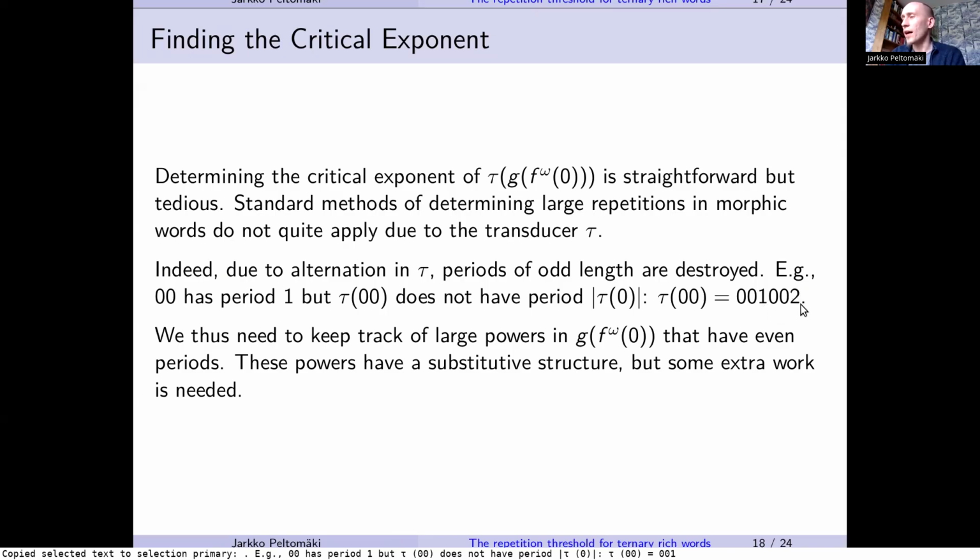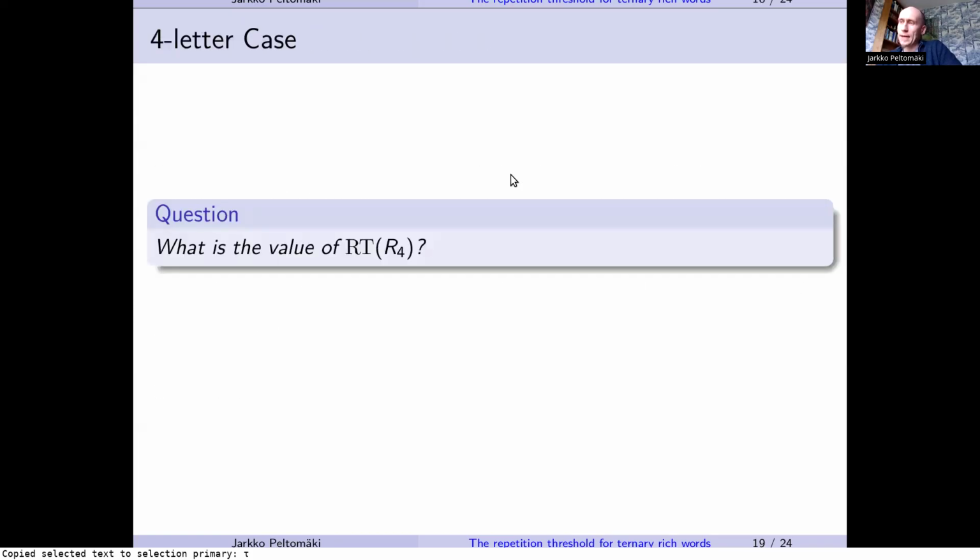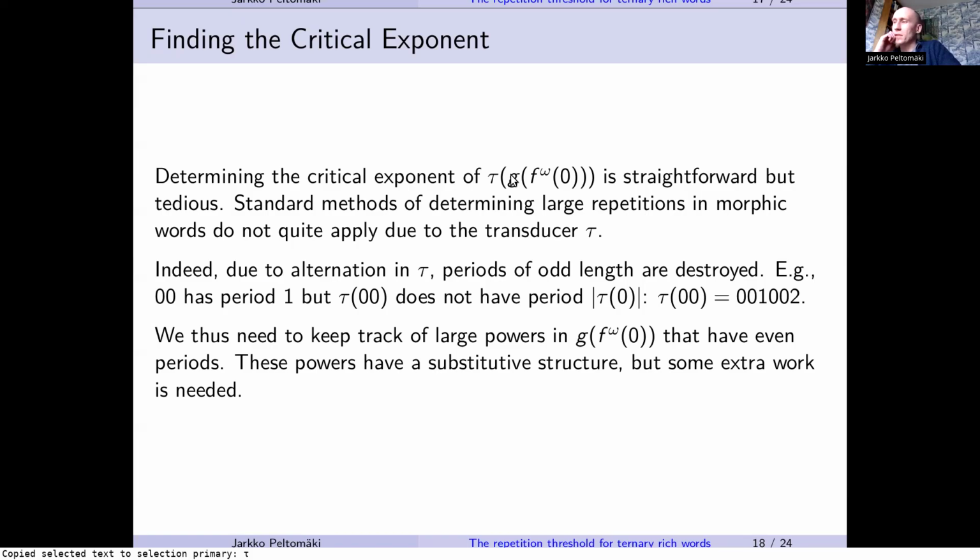So not all exponents are preserved when you map with tau. There are some extra steps you need to do when you determine the critical exponent, but I don't think there is anything noteworthy about what's going on. And that's all I want to say about our paper.